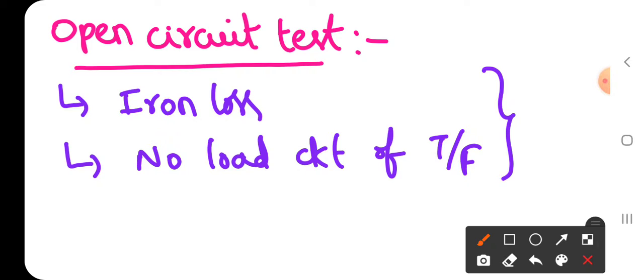Next, how do we conduct the open circuit test? The open circuit test is always conducted at the low voltage side, with the high voltage side kept open circuit.